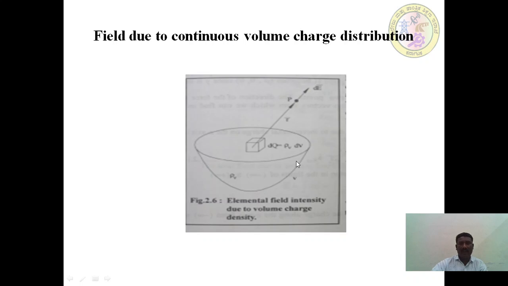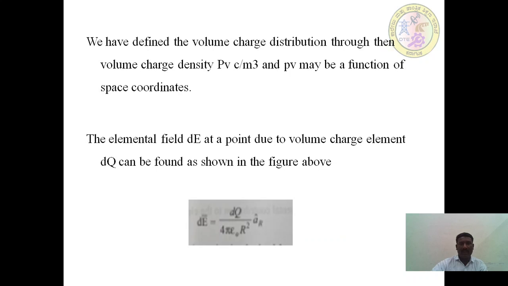In order to find the continuous volume charge distribution, let us consider this figure. We define the volume charge distribution through the volume charge density rho v, in coulombs per cubic meter, and rho v may be a function of space coordinates.